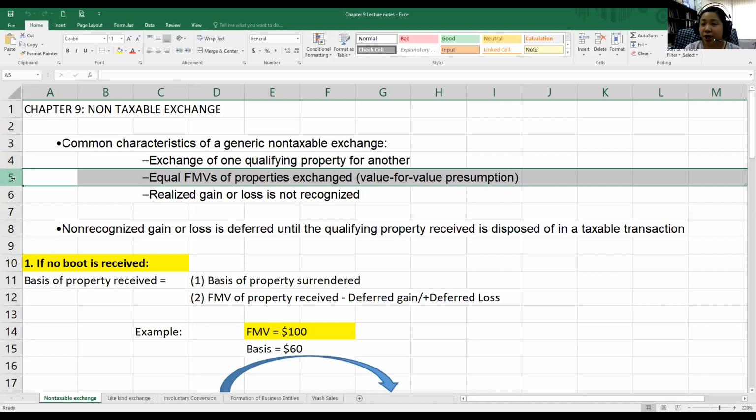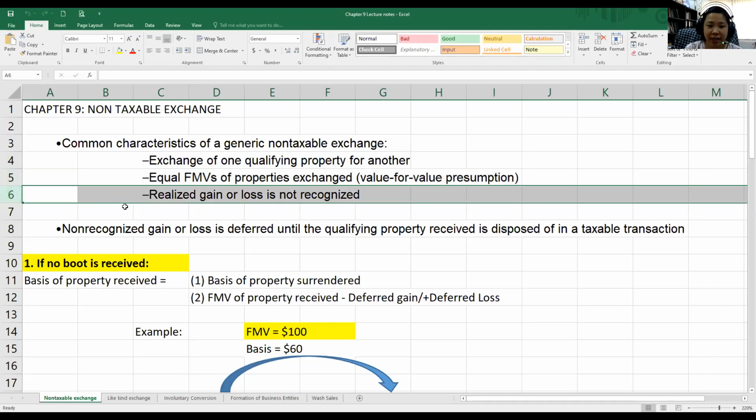For example, if you exchange a car for a truck, the fair market value of the car and the truck should be the same. If it's not the same, then the other party has to give more money, and make sure that the amount of exchange is the same. Otherwise that transaction cannot happen.